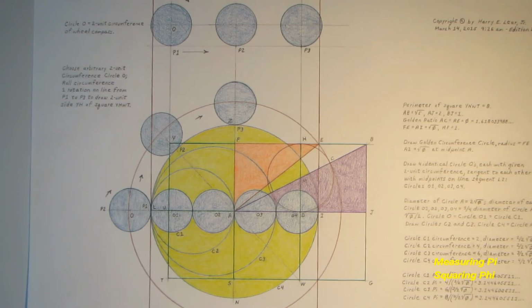So we note that 4 of the blue circles, whose circumference is 2, fit tangent to each other across the diameter of this big yellow circle that we drew with a radius equal to the square root of phi. Diameter equals 2 times the square root of phi.